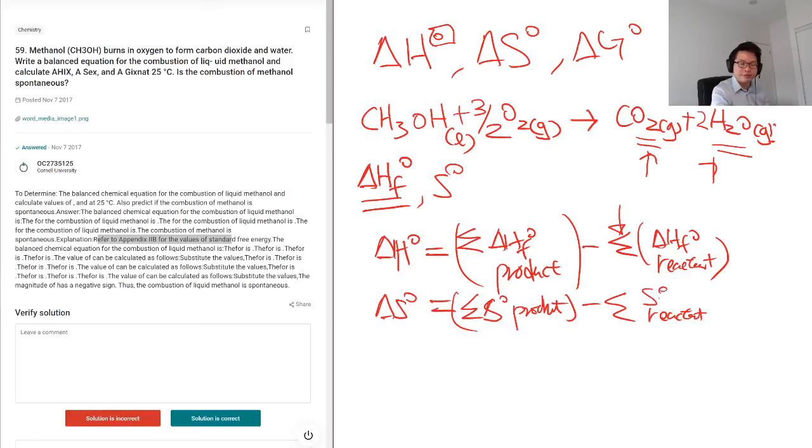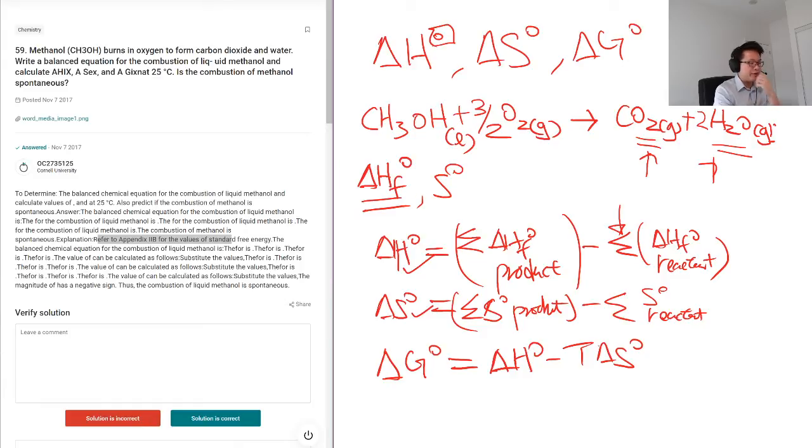I believe those are the information given from the appendix in the solution. For delta G, the free energy change will be equal to delta H naught minus T delta S naught.